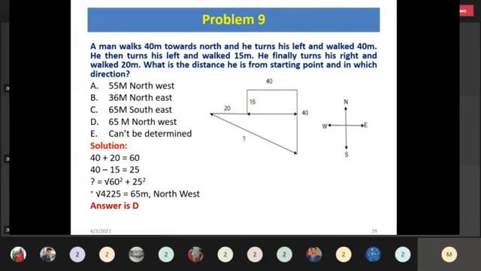What is the distance he is from the starting point, and in which direction? The options are A 55 meters northeast, B 36 meters northeast, C 65 meters southeast, D 65 meters northeast, and E can't be determined.